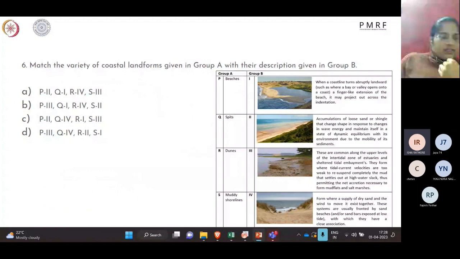So in group A, we have different landforms, which are basically beaches, spits, dunes, and muddy shorelines. And in group B, we have an image of the same as well as a definition for them.